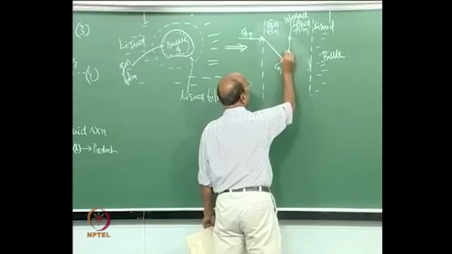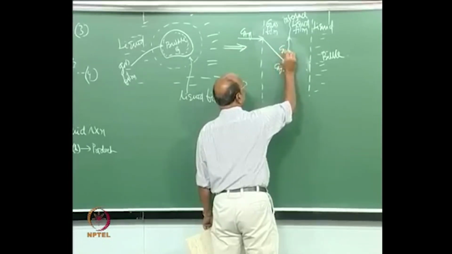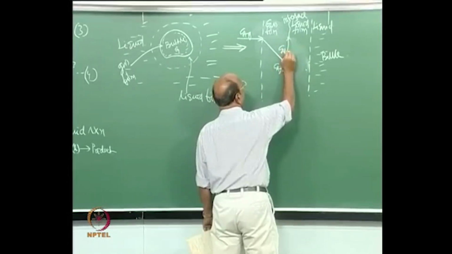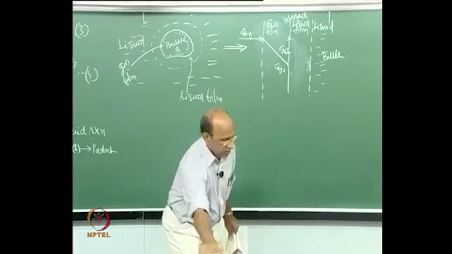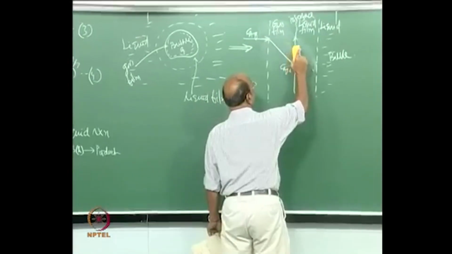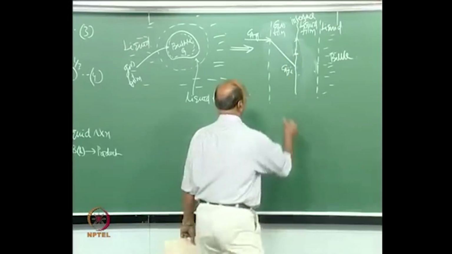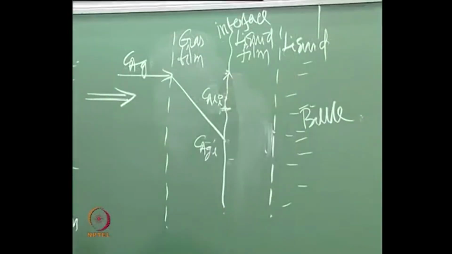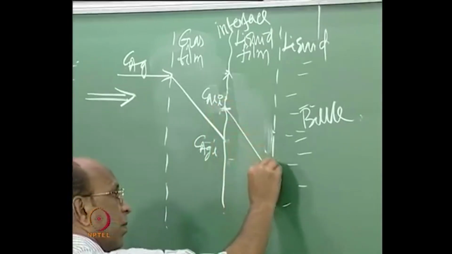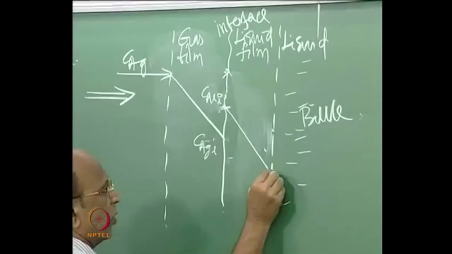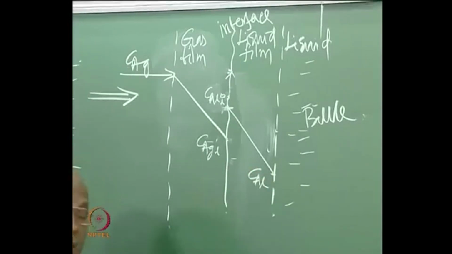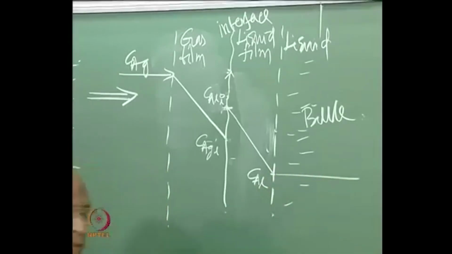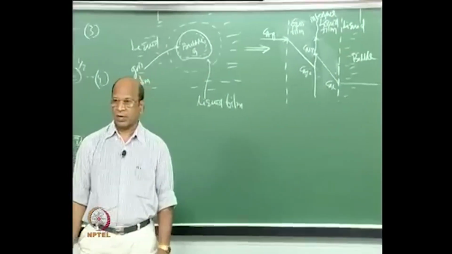Here I have now CALI at this point, and from here again this will come here. So this will be CAL, and from here it may be constant.